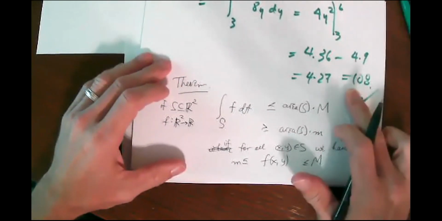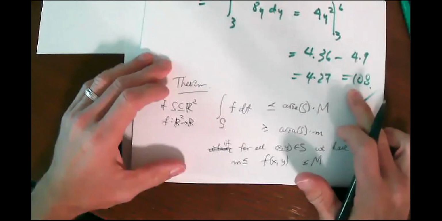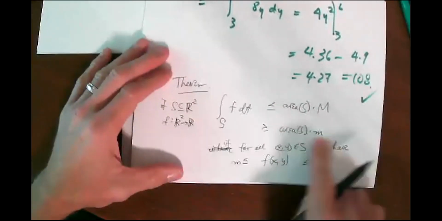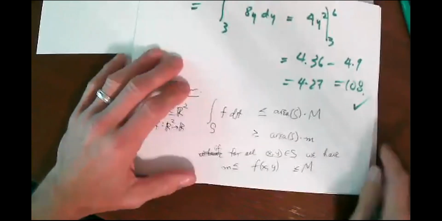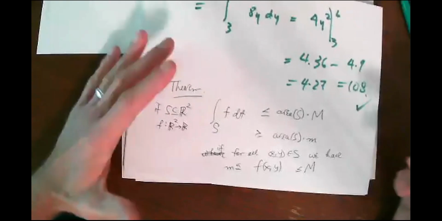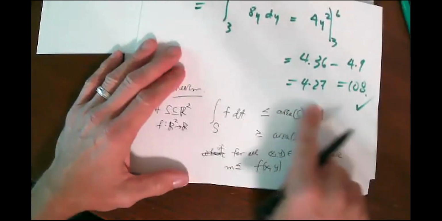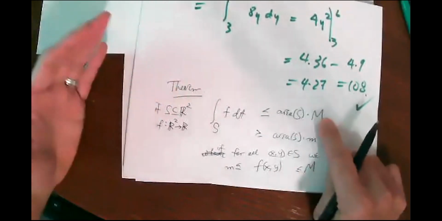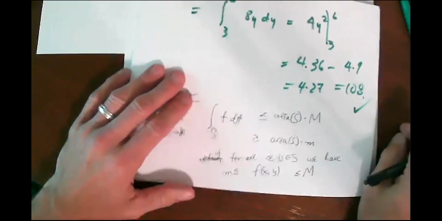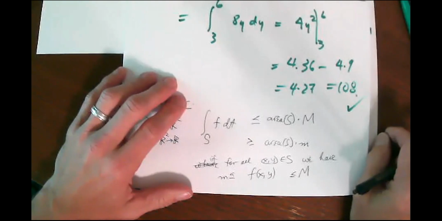If you'd gotten a negative 108, you would have seen that that was wrong. But you wouldn't have known that it was wrong unless you stopped to think about this theorem a little bit. If you'd gotten 1008, again, you know that that's wrong because of this estimate in here, but if you don't stop to make that estimate, you wouldn't see anything wrong with having an answer of 1008. And I don't want you guys to fall into that kind of a trap.